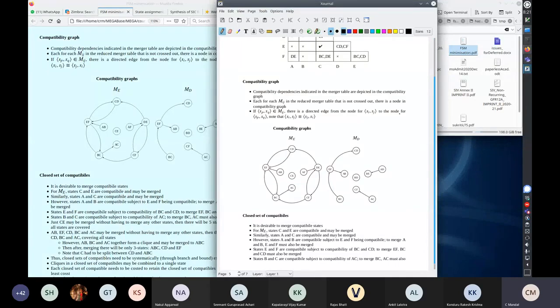These are the compatibility graphs. Now, what we need to find is a closed set of compatibles.